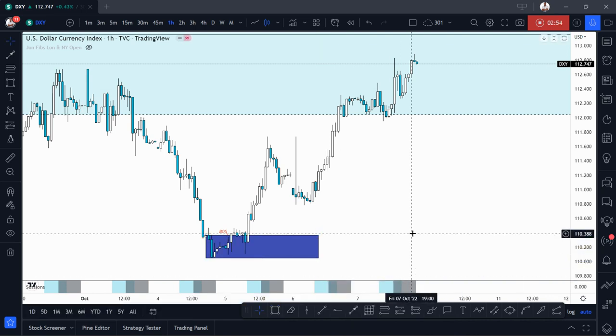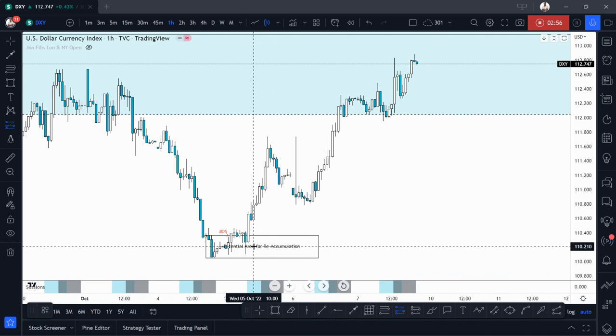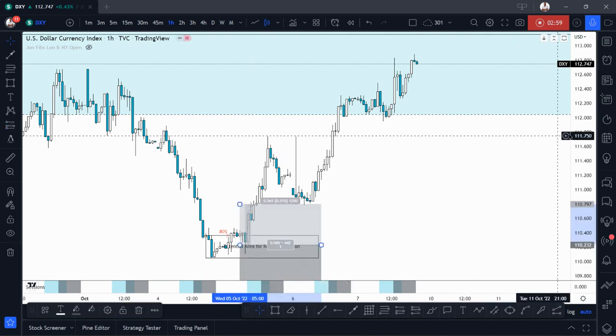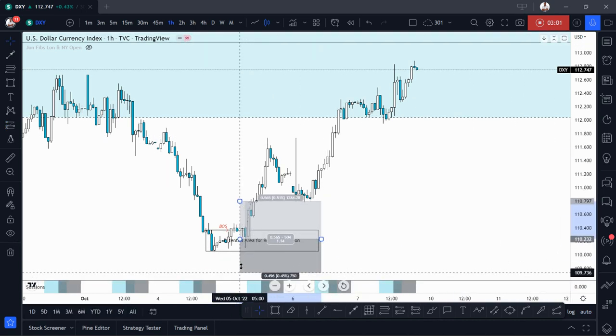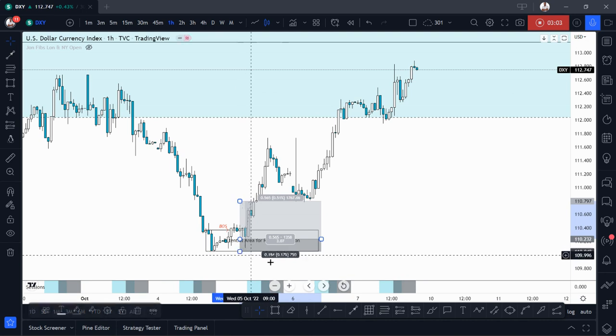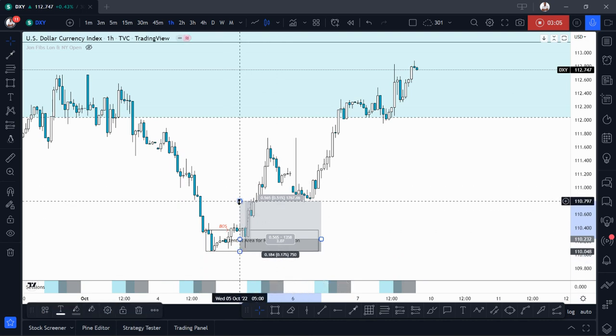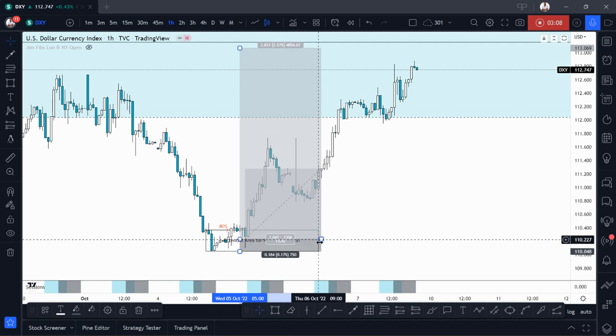Potential area for reaccumulation. You can see how price came back into that zone and then started accumulating. I think this was last week. So price continued all the way up.